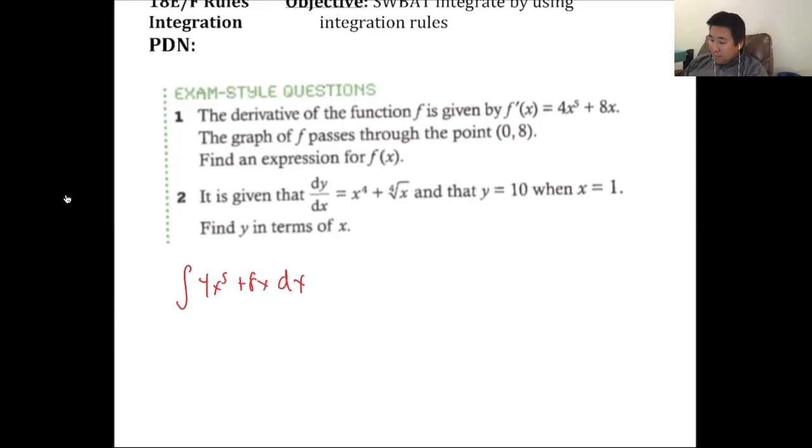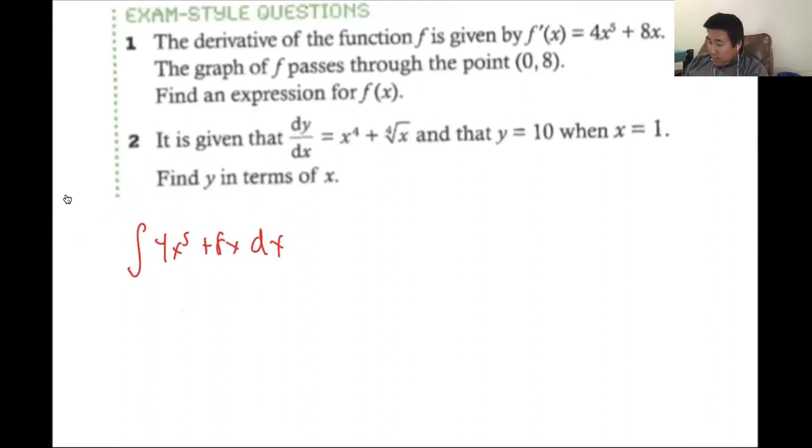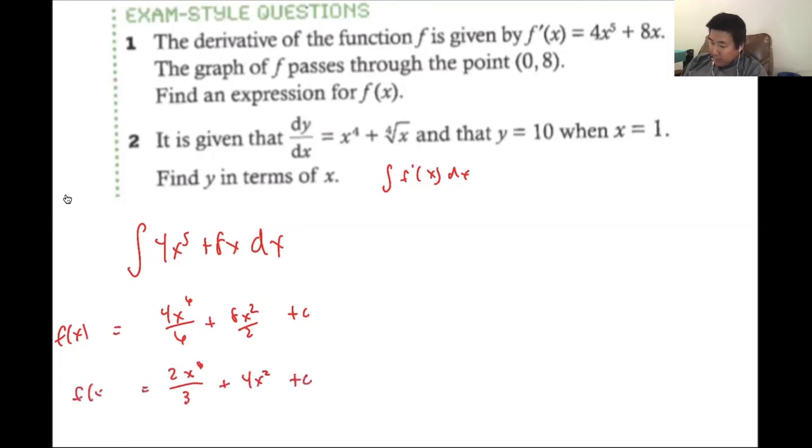Okay. So you take the integral of f prime of x dx. So it's 4x to the 6th over 6 plus 8x squared over 2 plus c. That equals f of x. So that's 2x to the 6th over 3 plus 4x squared plus c equals f of x.